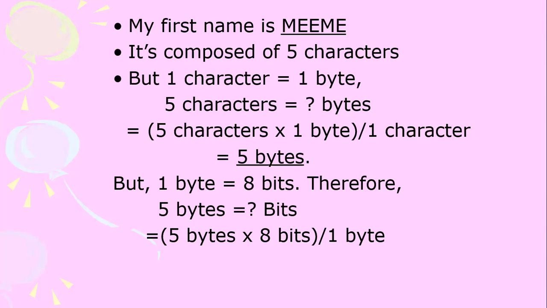The byte and byte will cancel each other, and therefore we shall be left with 40 bits. And therefore, my first name, Meme, is composed of 40 bits. The word length for my first name, Meme, is equal to 40 bits.